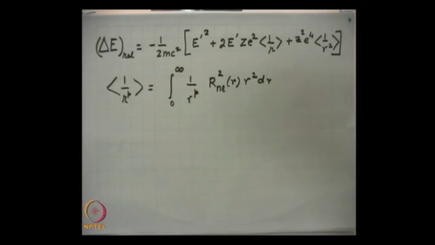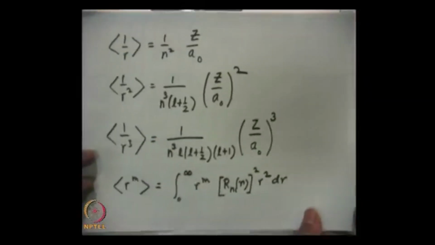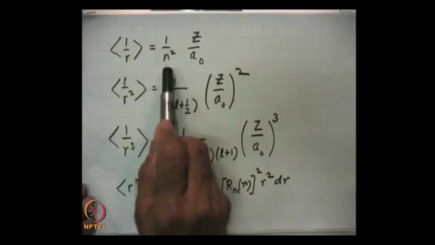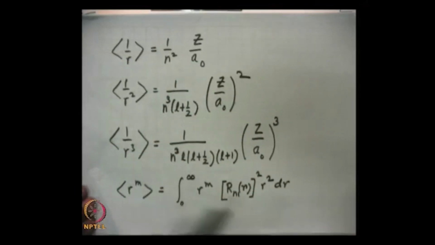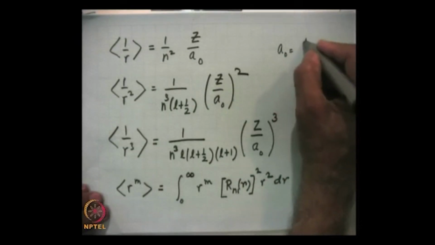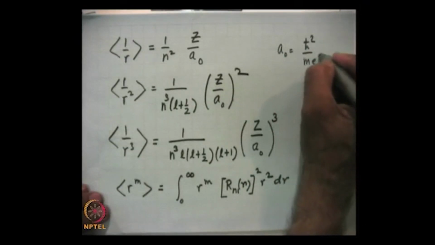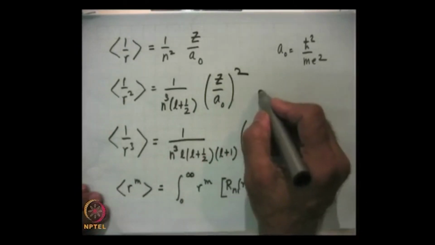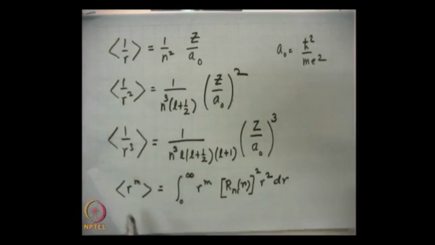However, there are general formulae which are available, and I will just give you the result. The expectation value of 1 over r is 1 over n square Z by a0, where a0 is the Bohr radius. So, a0 is equal to h cross square by m e square and has a value of about half of an angstrom, and the expectation value of 1 over r square is given by this expression, and similarly for 1 over r cubed.